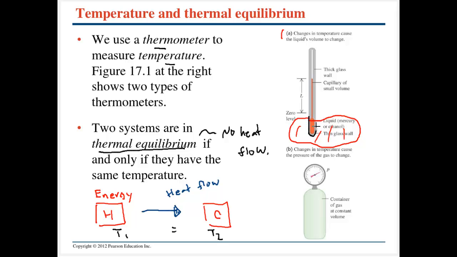The glass is going to heat up, and then the liquid inside, typically mercury or ethanol, is going to heat up. Because it heats up, it's going to cause an expansion. We'll talk about that in a little bit, and the level of the mercury is going to rise up and up and up, and we can relate the change in length to how much the temperature has risen.